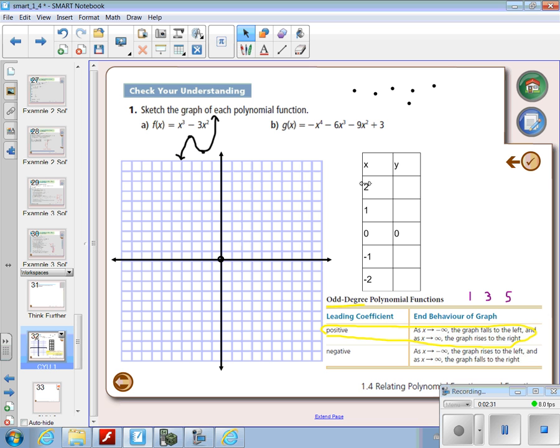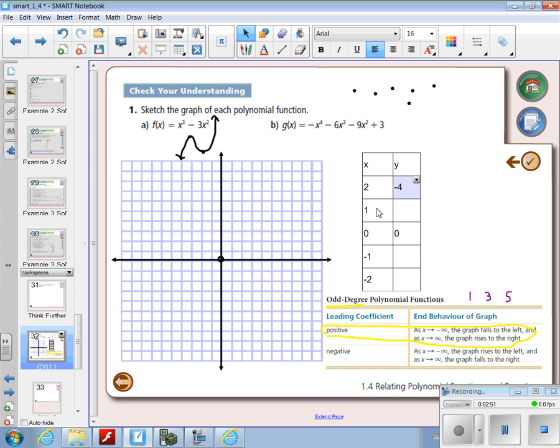Okay, another point. When x is 2, we'd get 2 cubed, 8, minus 3 times 2 squared, 4, so that's 12. 8 minus 12 is a negative 4. So let's fill that in right here. We'll plot all the points at the end.